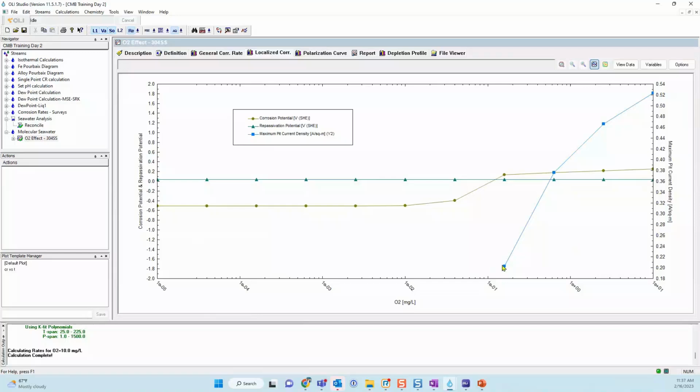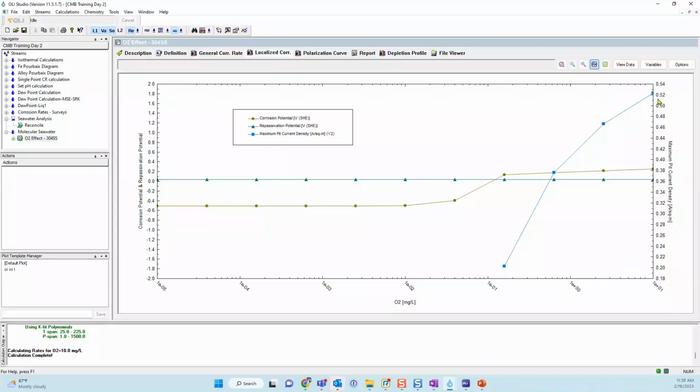So according to the rule of thumb, at 0.16 milligrams per liter, your pit could be as small as 0.2 millimeters. But as you increase the concentration of oxygen in solution, it can go up to 0.5 millimeters penetration on your surface. So you are, in fact, having localized corrosion damage, which is huge.